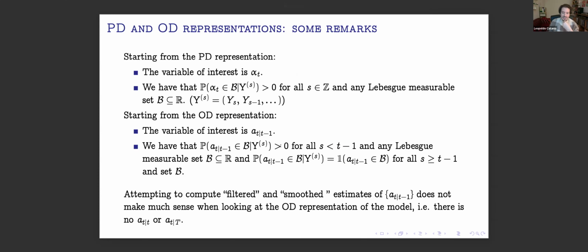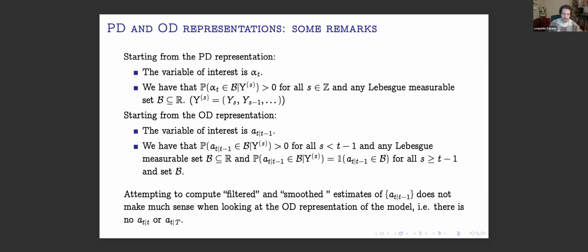So some people in the literature, while dealing with observation-driven models, try to define objects which are typical of parameter-driven models, like filtered and smoothed estimates of the parameter of interest.